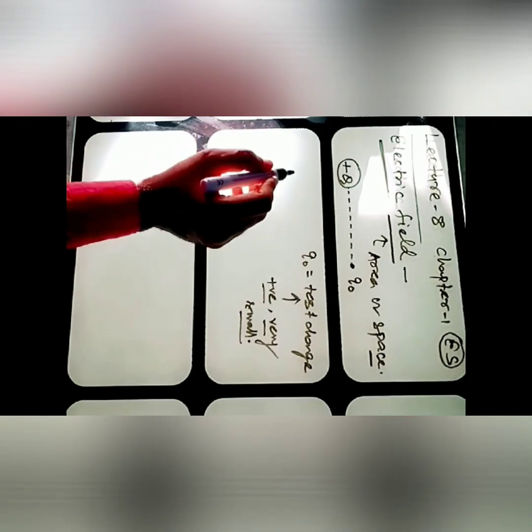Now, student, here is a positive charge, and we placed here the test charge, that is the point charge. You will see if its nature is positive, and this is the positive charge, this charge will start repelling.